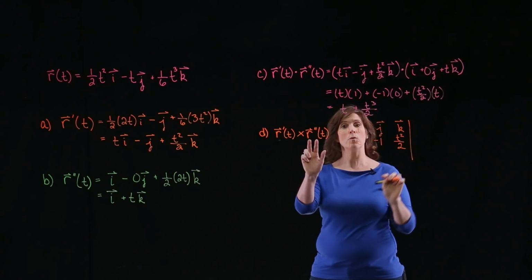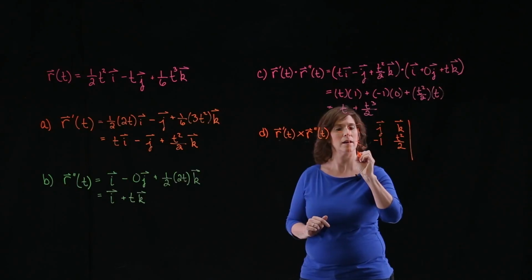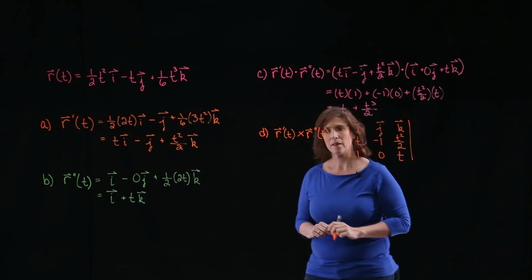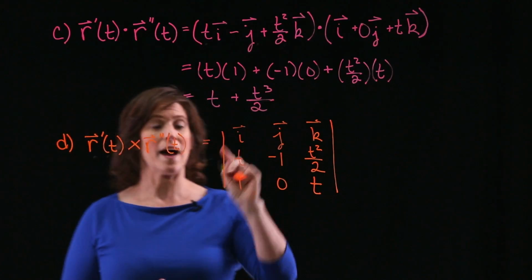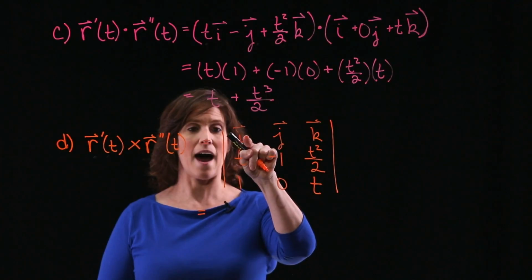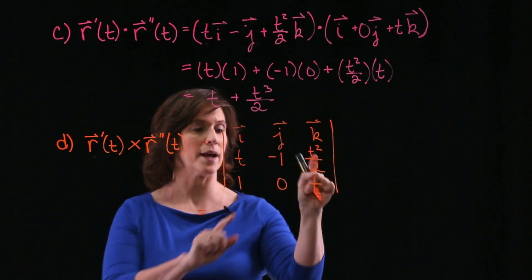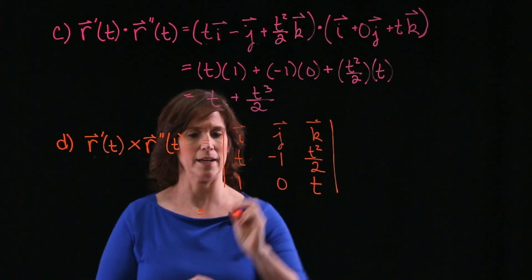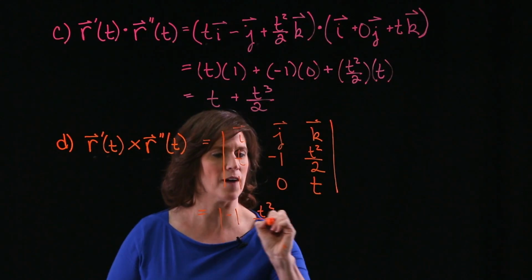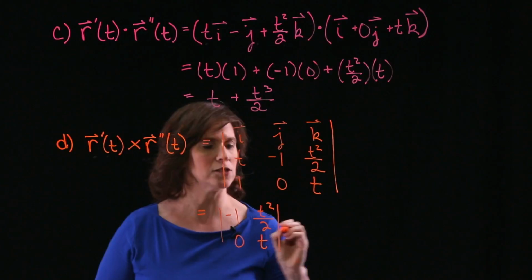My third row will be the components of the second derivative, which will be a 1, 0, and t. Okay, so to evaluate this determinant, I'm going to start out with my vector i. I'm going to eliminate the column and the row with i in it, and I'm left with this little square determinant in here. So it's going to be -1, t squared divided by 2, 0, and t, that determinant times vector i.